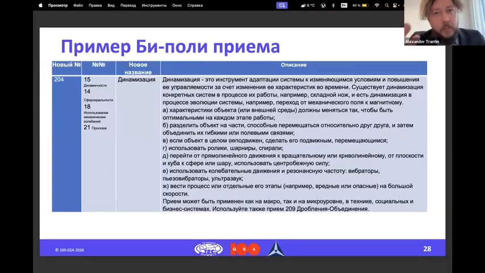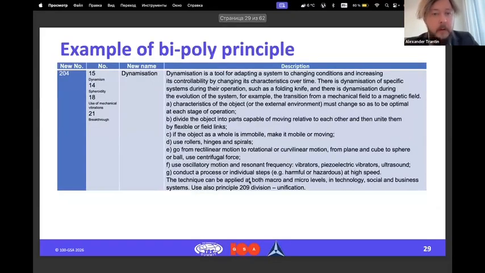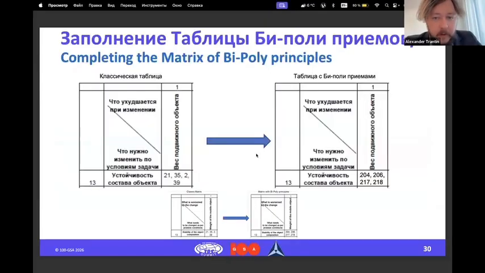No, this is a professional text. It does not include only the logic of the classical principle. It also includes the evolution lines, the lines of dynamization, as well as standards which are tightly connected to that. So this is also a unique piece of information, unique text, which helps to fill and to use this bipolar principle.